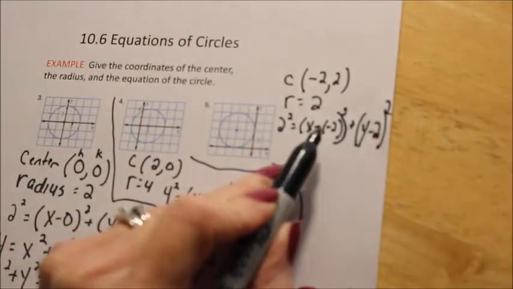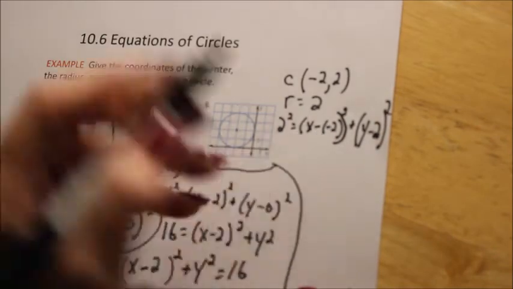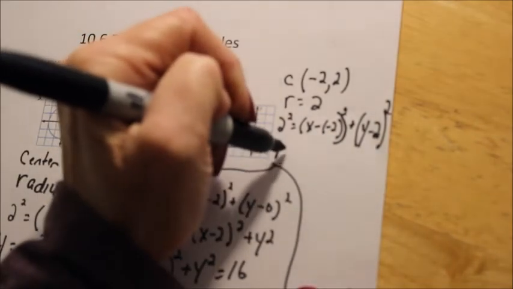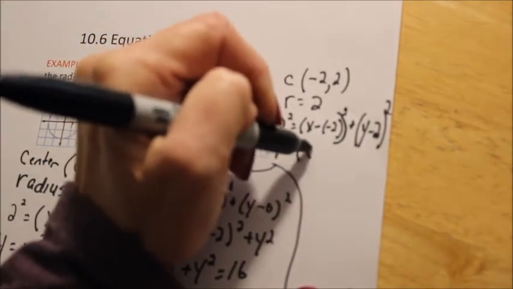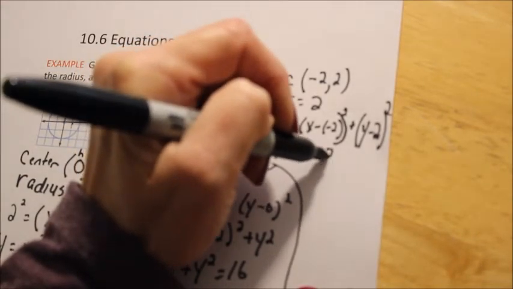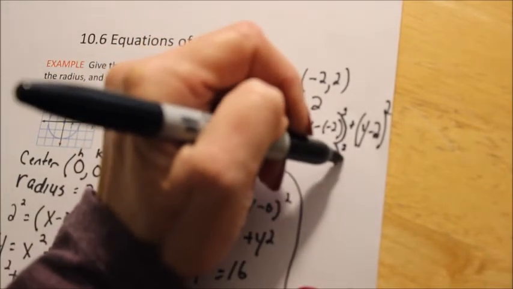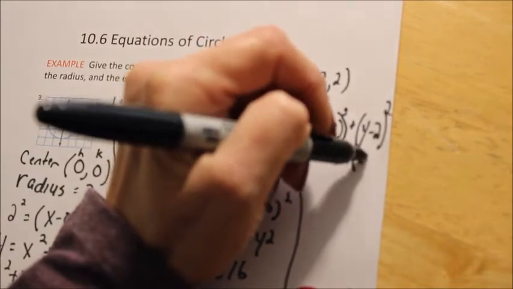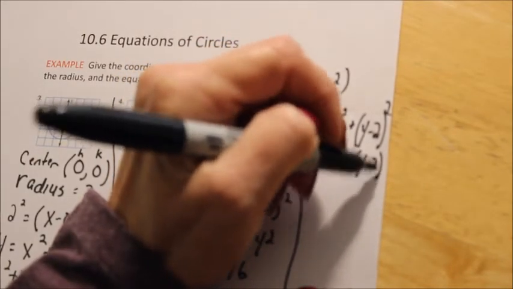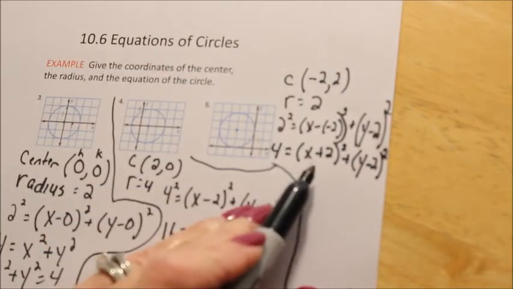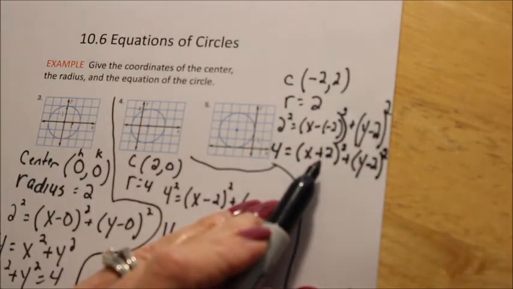So what is a minus a negative? That's going to become a plus, and so that's going to give me 4 equals x plus 2 squared plus y minus 2 squared. So essentially when you see a plus, that means that your coordinate was negative.